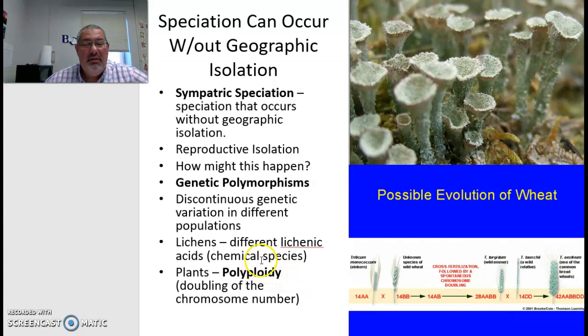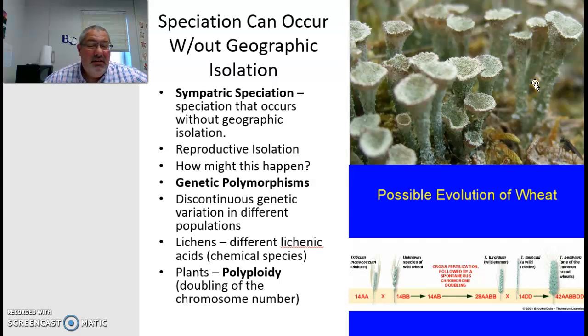Lichens, as a group of composite organisms of a fungus and an alga, show what is referred to as genetic polymorphisms. And the lichen picture in the top right is of a group of species that are called pixie cup lichens or goblet cup lichens, fairy cups because of their small size. They have developed different genetic populations that contain different organic molecules that can only be determined by chemical analysis.